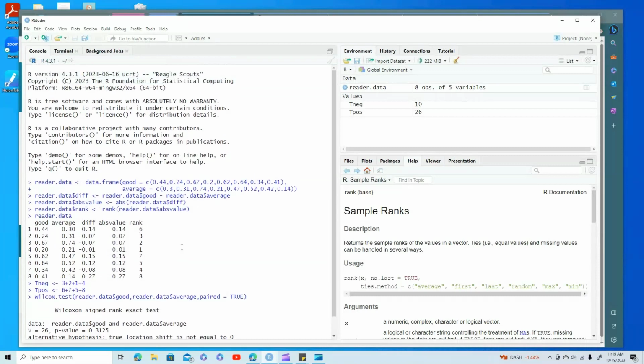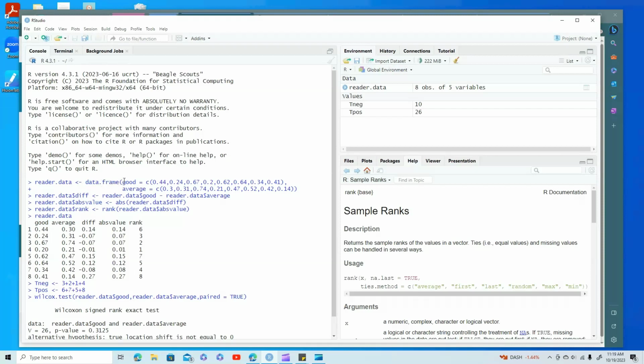All right. So here is what I did in RStudio. I created reader data, okay, and I put it in a data frame. I want to put it in a data frame so that I can calculate the difference, the absolute value, and then the ranking. It's much easier to do this in a data frame.